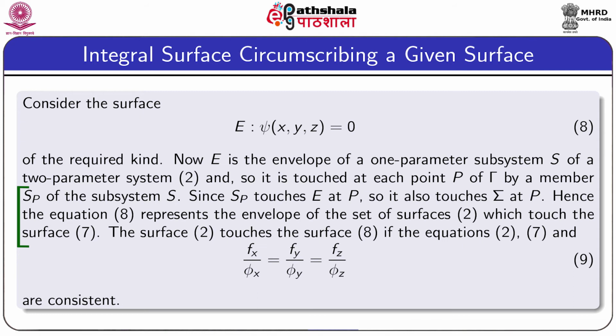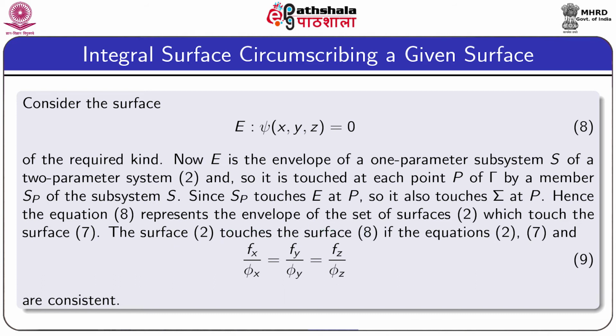Now, the surface 2, that means the complete integral of the given equation, touches the surface 8 if the equation 2, meaning small f (x, y, z, a, b) equals to 0, and 7, meaning the equation of the circumscribing surface phi equals to 0, and f x by phi x equals to f y by phi y equals to f z by phi z are consistent.